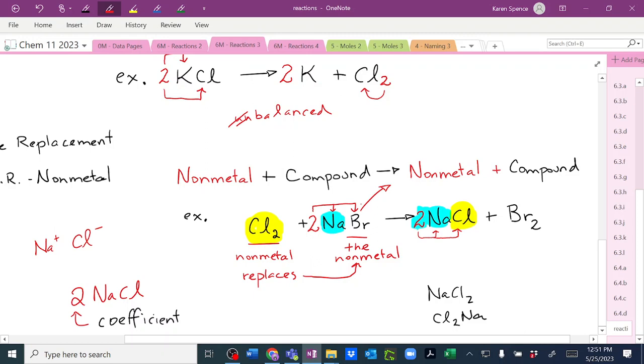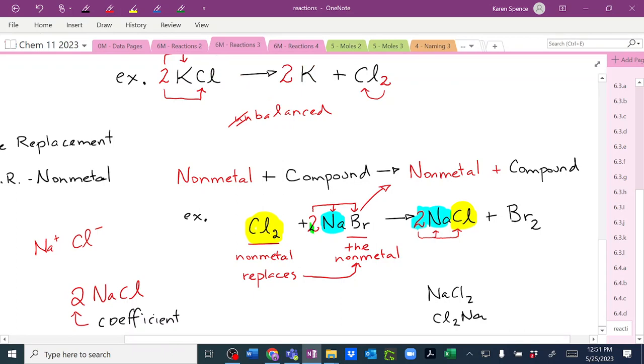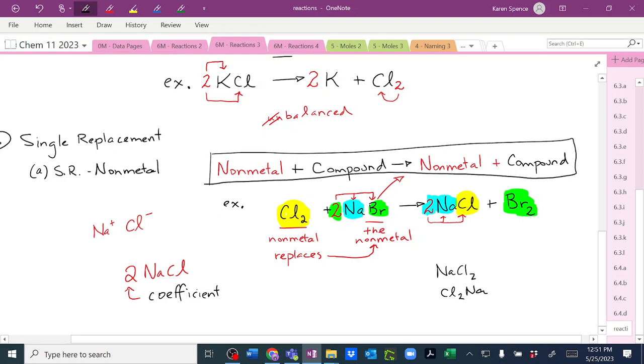Do I have the right number of bromine on each side? Well, look at that. I got 2 bromine and I have 2 bromine. So everybody's balanced. Isn't that nice? So single replacement nonmetal, we have a nonmetal plus compound, gives a nonmetal plus compound. The nonmetal replaces the nonmetal.